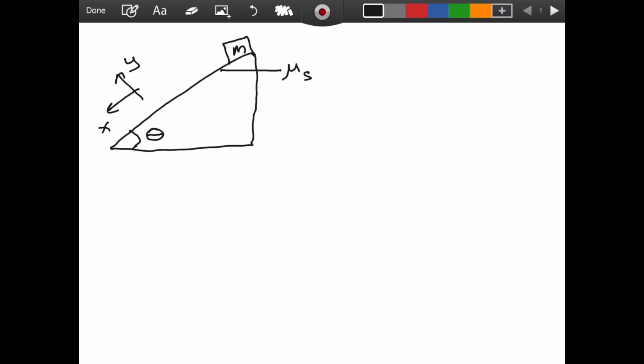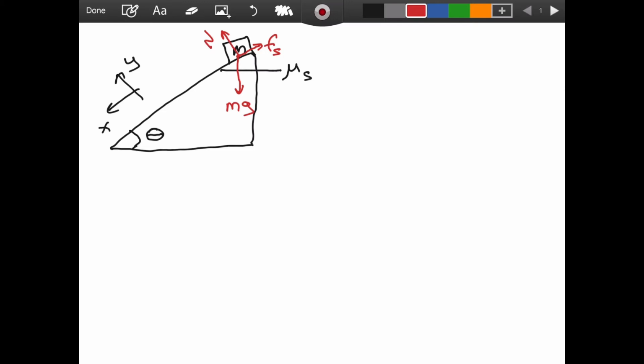So how can we proceed from this? The way I would do is by first drawing the forces that act on our object. So we will have the normal force perpendicular to the surface. We will have the force of gravity, mg. We will also have the force of static friction up the incline.